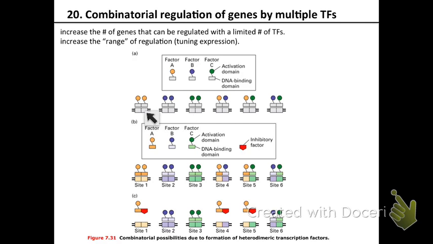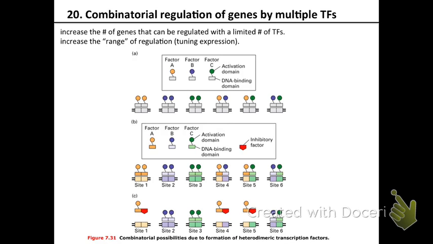But if this gene is controlled by transcription factor A and this gene is controlled by transcription factors A and B, and in that given cell type B is not expressed, even if transcription factor A is present, this gene is not going to be expressed, right? So that's how you increase the range, the type of regulation that you can do.